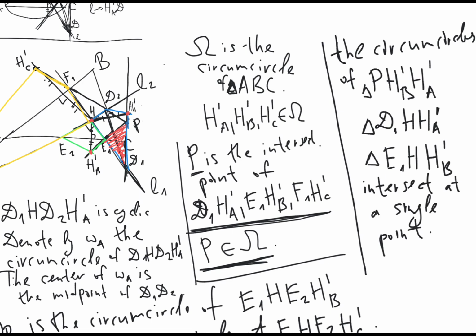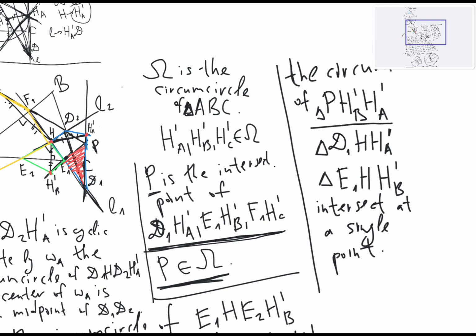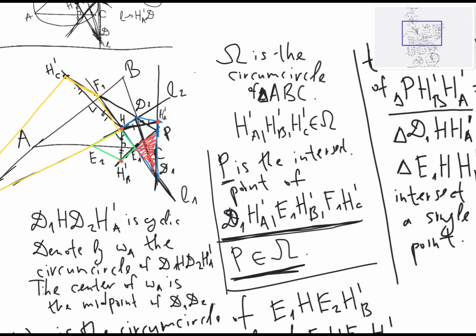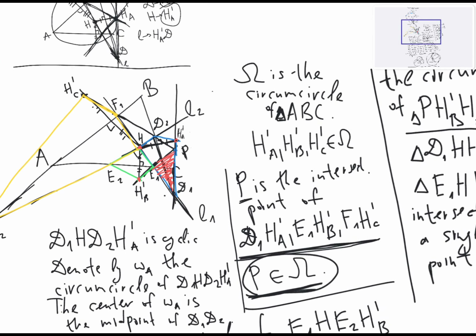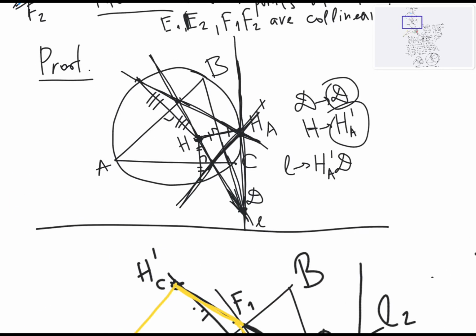So now let's figure out what these circles are. The triangle P, HB prime, HA prime: the circumcircle of this triangle is actually omega, because we know that P lies on omega, and HB prime and HA prime lie on omega, from this theorem, right?